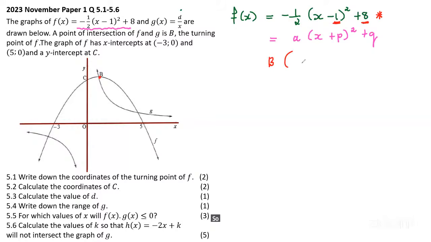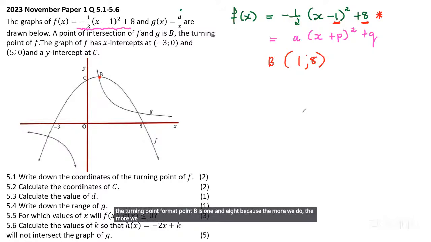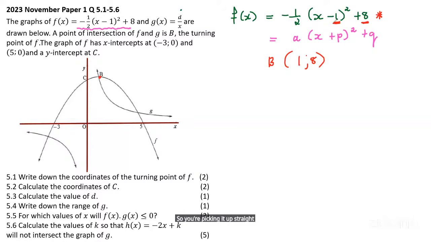So the point B is (1; 8). Because the more we do, the more we know, the less we do, the less we know. So you're picking it up straight from the turning point format.